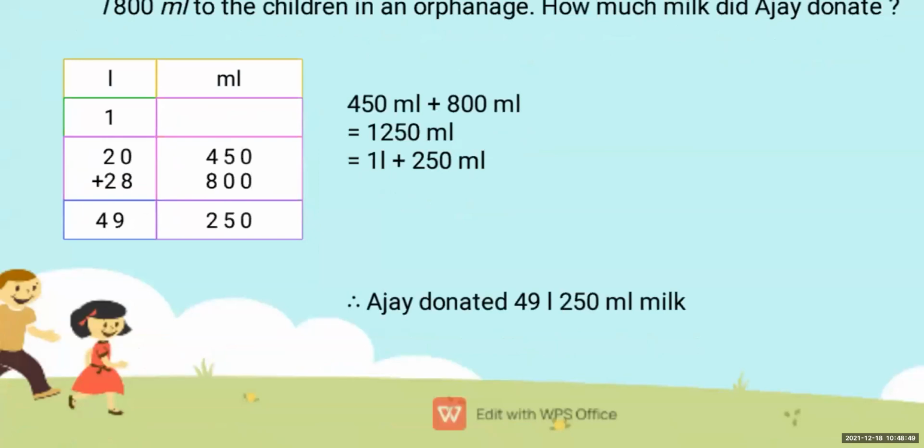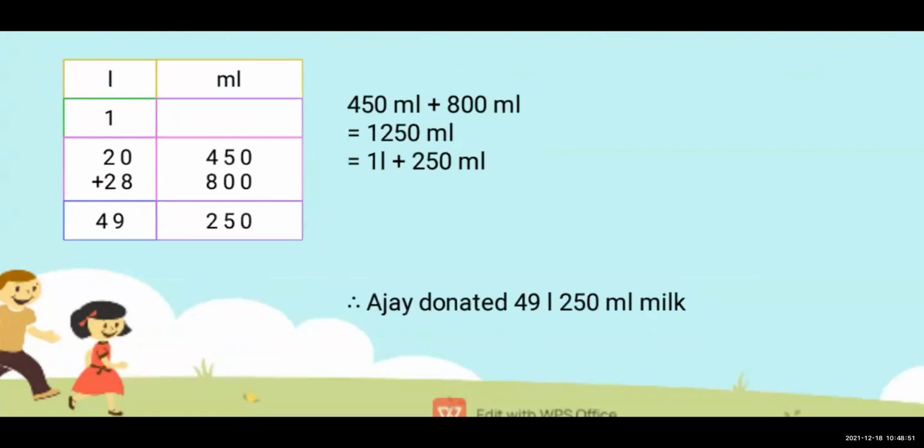So I have already written 20 liter 450 milliliter plus 28 liter 800 milliliter. But here 20 liter 450 milliliter ये कहाँ पे डोनेट किया था उसने? कहाँ पे किया था? Now tell me where he donated the 20 liter 450 milliliter of milk.